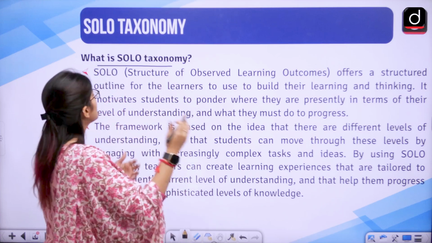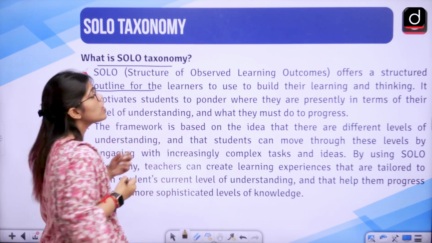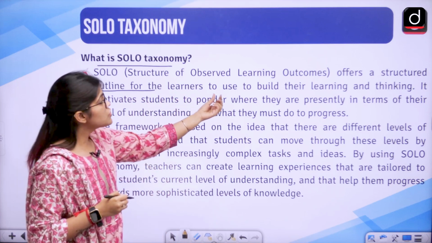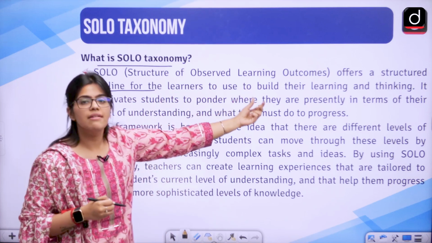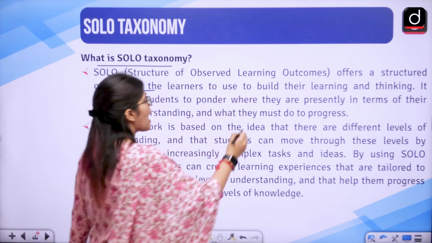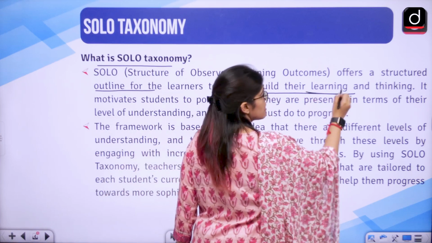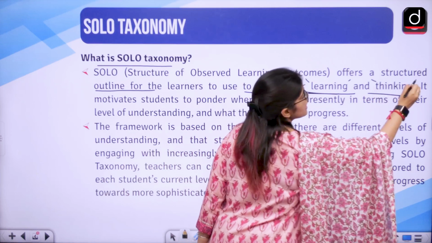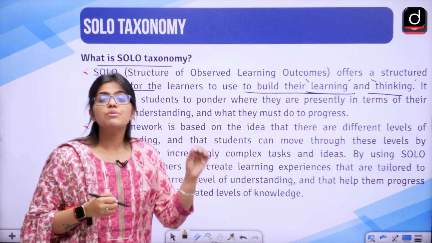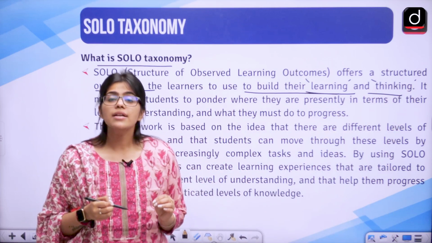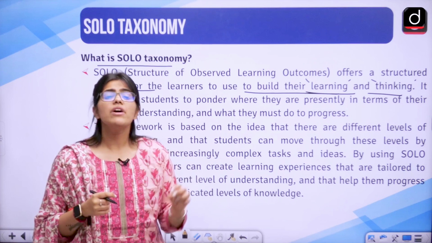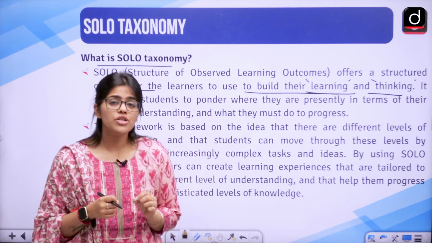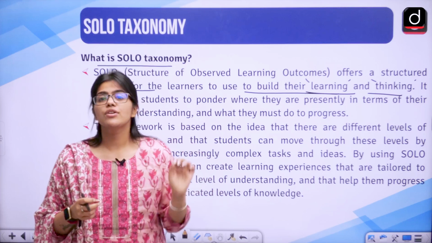It offers a structured outline that learners can use to build their learning and thinking. You will analyze how they learn and how they are thinking. When you introduce one concept to a child, he or she may have a very limited amount of knowledge about that particular topic.